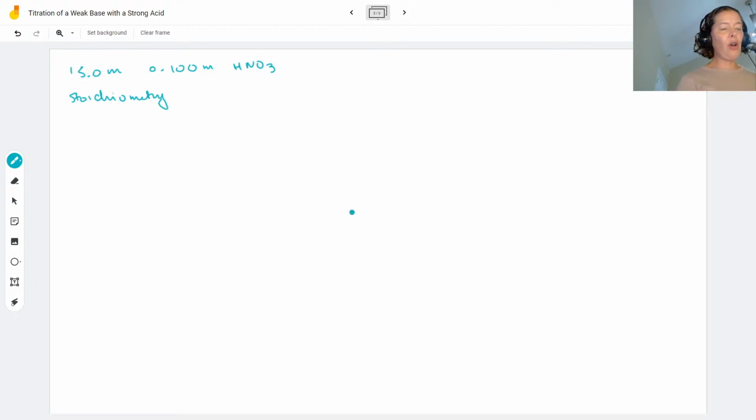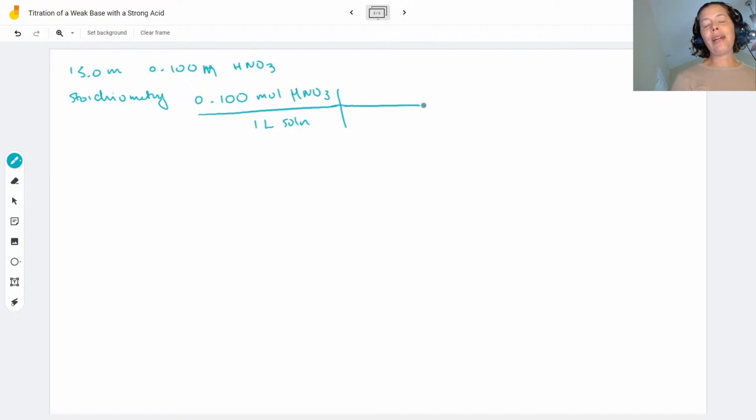All right, so to do our stoichiometry, of course, we need not concentration, we need moles. So I am going to get both my moles of nitric acid, and I haven't yet calculated moles of my base, so I'm going to need both of those. Let's start with nitric acid because I've got the numbers right there. Remember, when you have molarity as the capital M, that is the same thing as having moles of nitric acid over 1 liter of solution.